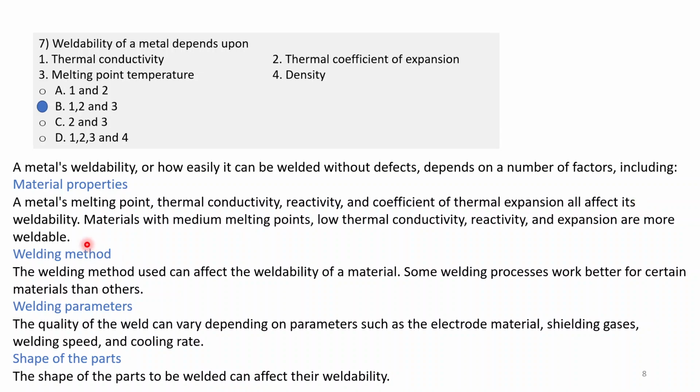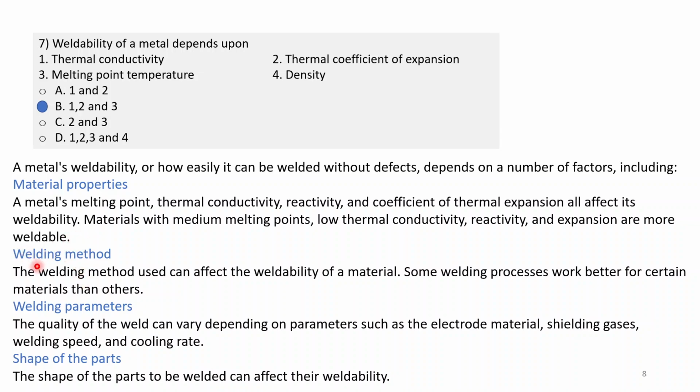All these affect its weldability. So materials with medium melting points, low thermal conductivity, low reactivity and low expansion are more weldable.